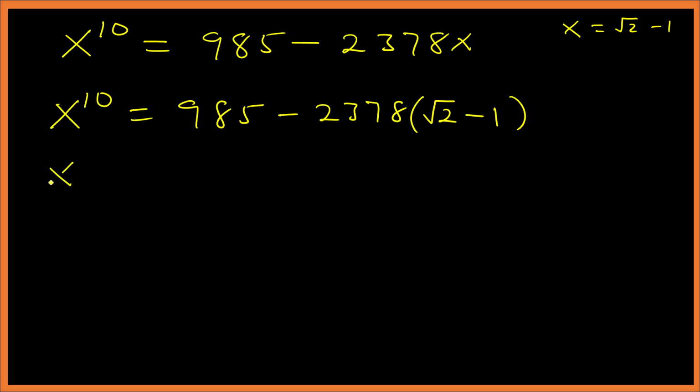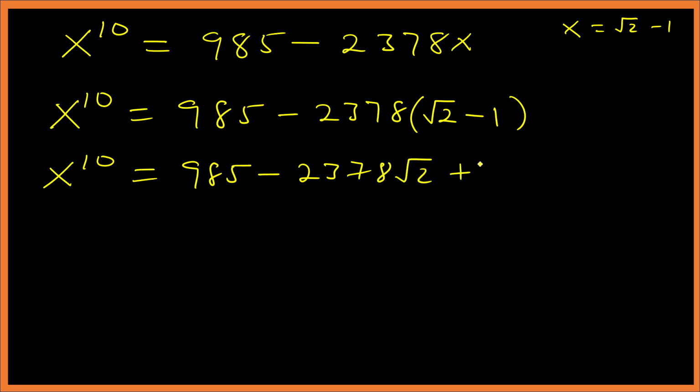So x to the power 10 is the same as 985 minus 2378 root 2 plus 2378.